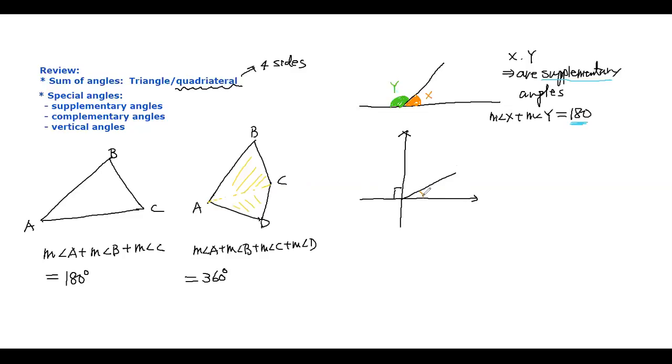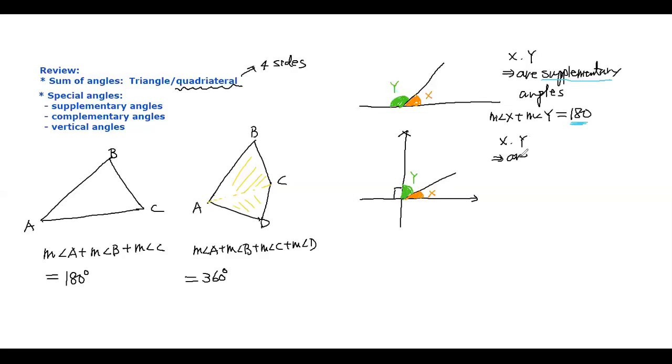If this is angle X, and this is angle Y, they are still separated on a right angle, right? So these ones, X and Y.